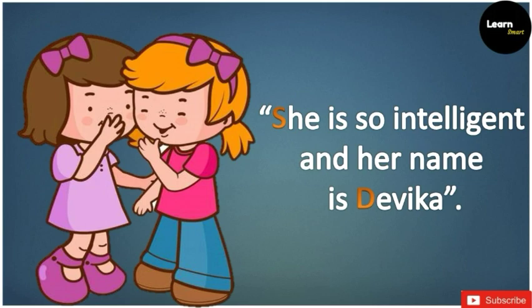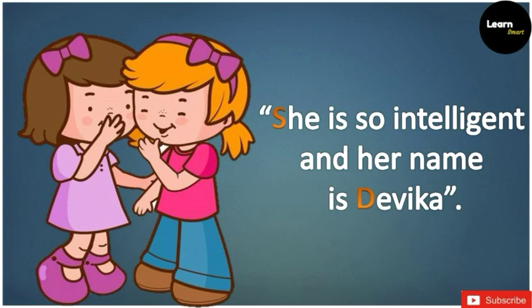Learners, in this sentence, she is the first word and the S is the capital letter because the sentence starts from she. That is why S is the capital letter. But wait a minute. There is one more capital letter in this sentence. Why so?